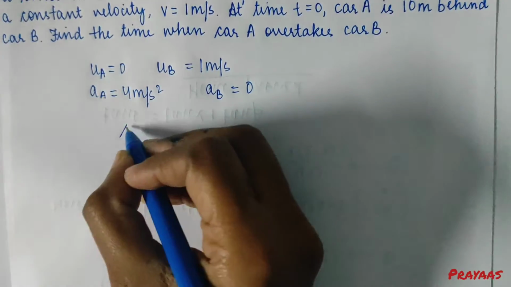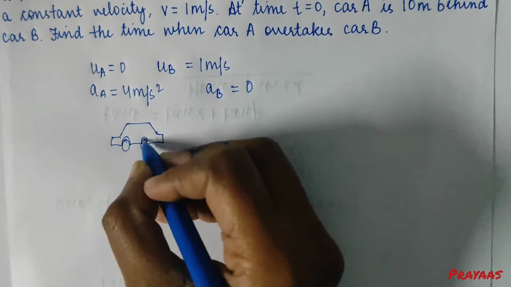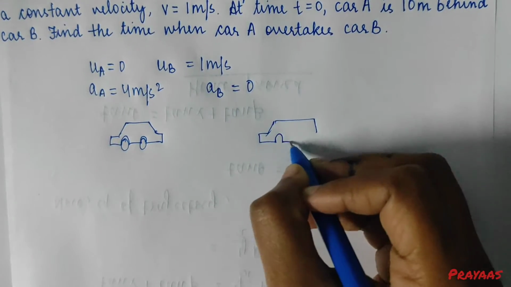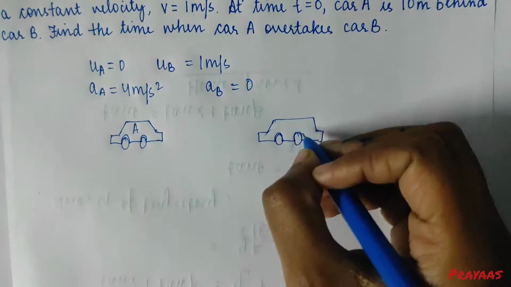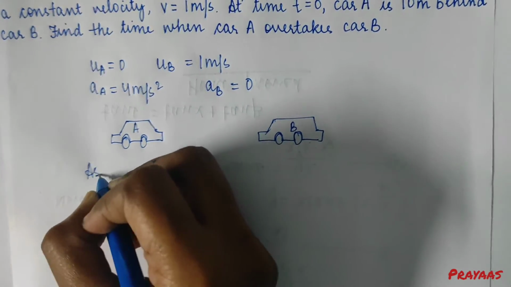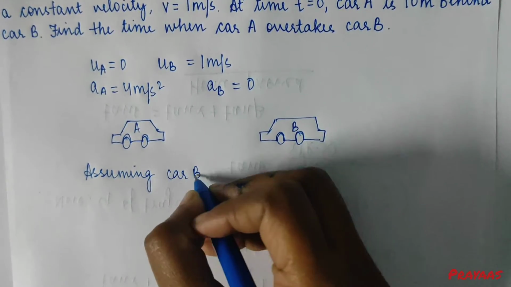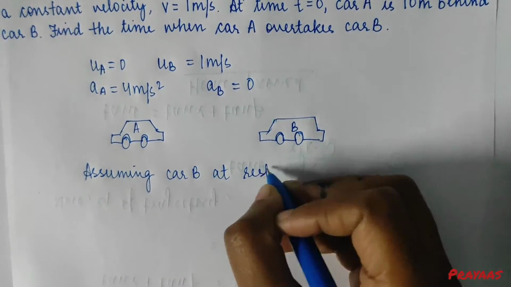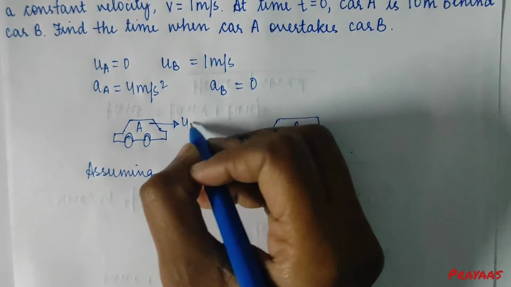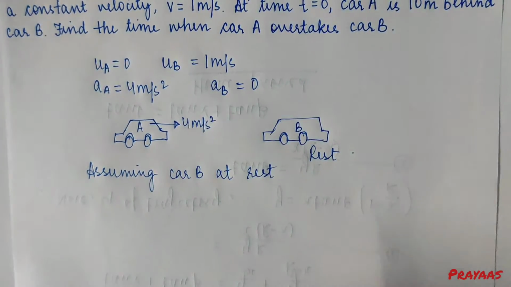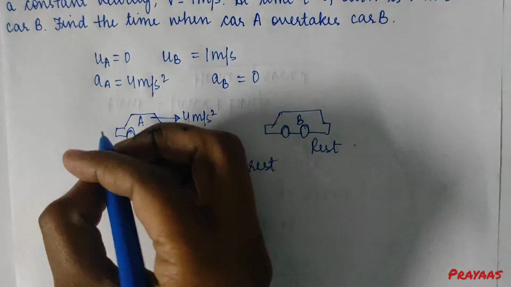So this is car A and this is car B. I am assuming car B at rest. This car A is moving with an acceleration of 4 meter per second square, and it will have the velocity of car B in the opposite direction because car B is at rest now.